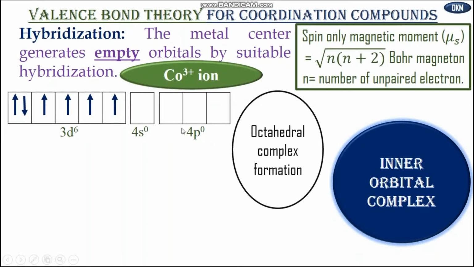Then two vacant d orbitals are required for the hybridization, but there are no such vacant orbitals in 3d subshell. Then these two unpaired electrons get paired up here and here. One comes here and another comes here, and the electronic rearrangement looks like this.